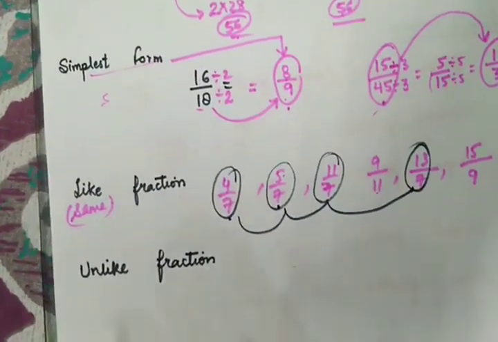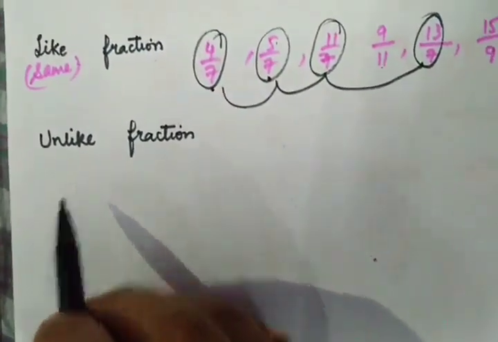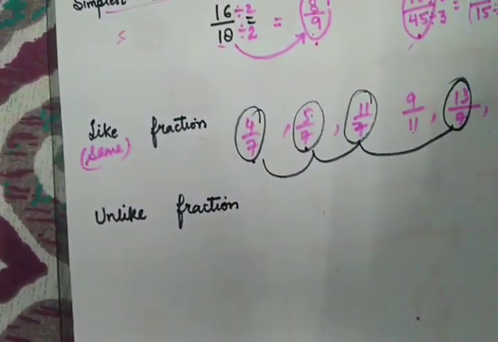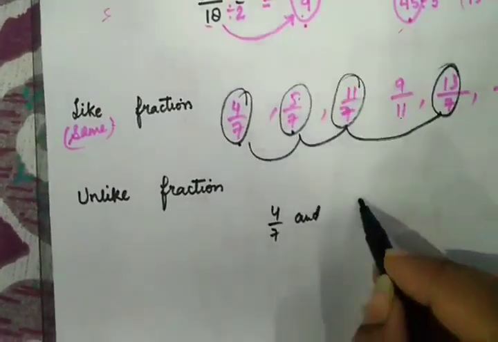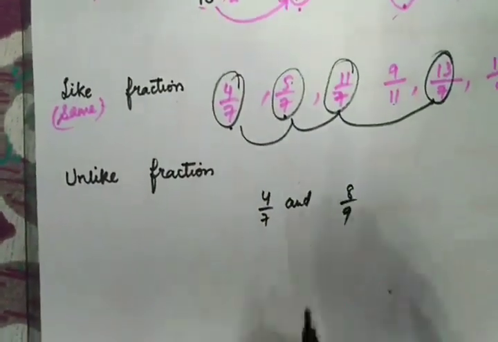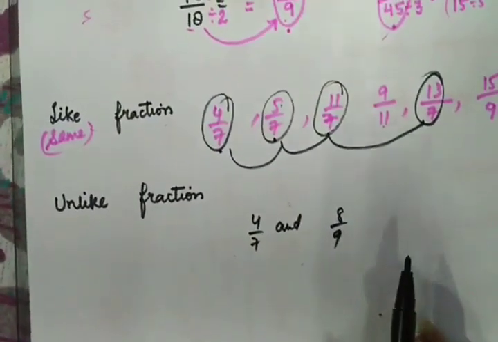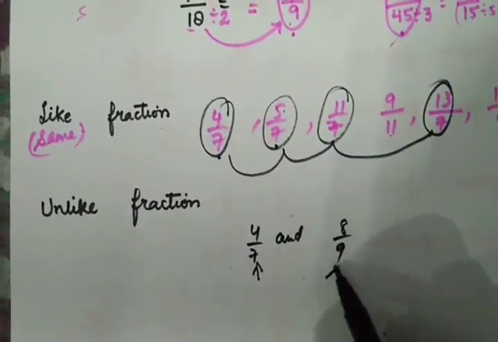Now the next topic is unlike fractions. Unlike fractions means the fractions which are having different denominators, like 4 upon 7 and 8 upon 9. These both are unlike. Unlike means they are not the same. You can see clearly here the denominator is 7 and here the denominator is 9.